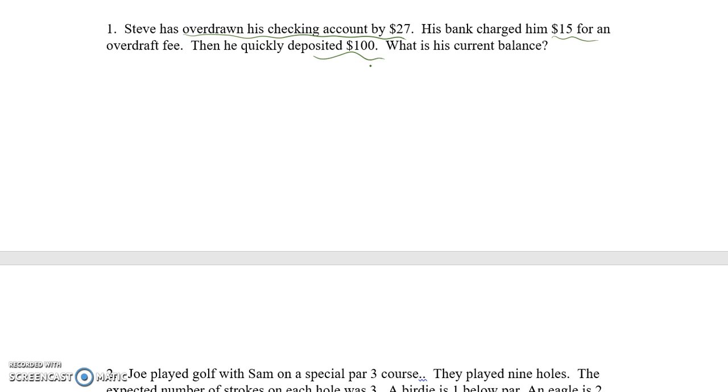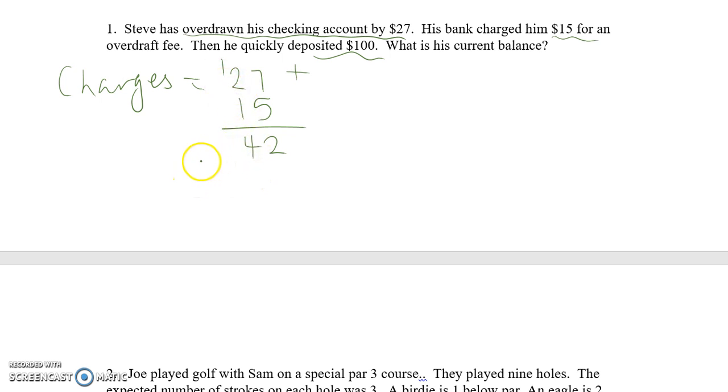Okay, so first we want to see what his charges are. So to figure out his charges, I'm going to do 27 plus 15 because overdrawn means you spent too much. $15 in a fee means it costs money. So 5 and 7 is 12, carry the 1, 2, 3, 4.